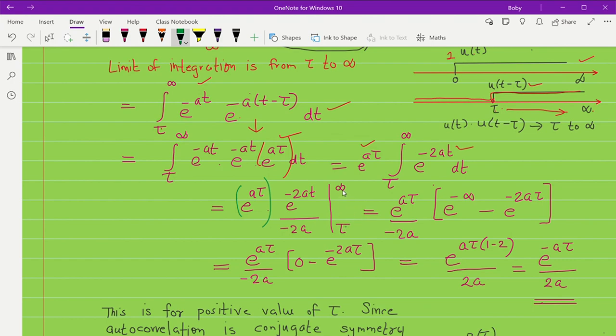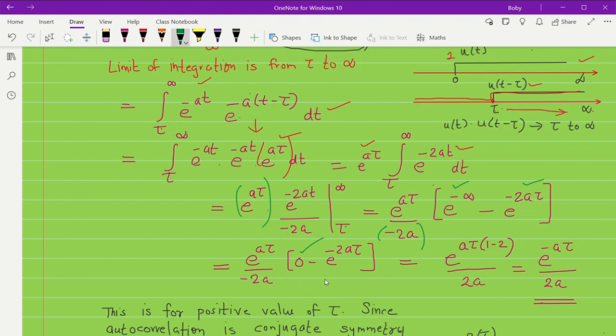When we apply the upper limit, we get e raised to minus 2 into infinity, that is e raised to minus infinity, which is 0. Applying the lower limit tau gives e raised to minus 2a tau.